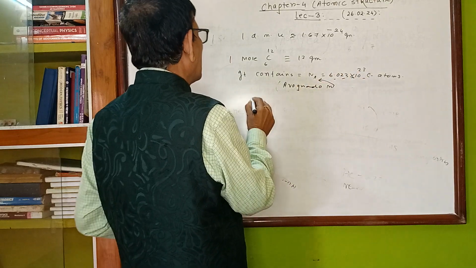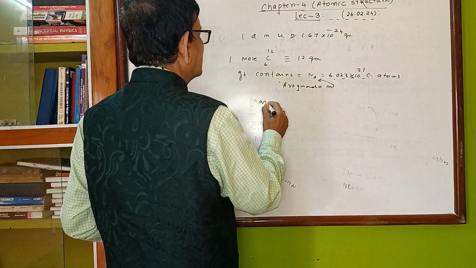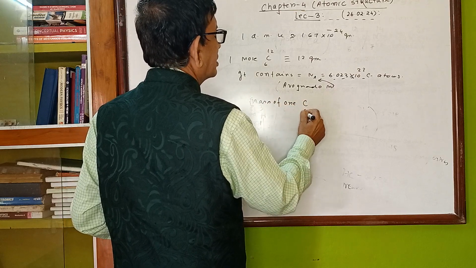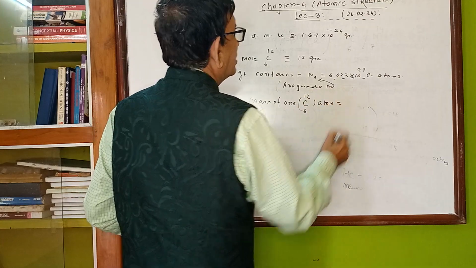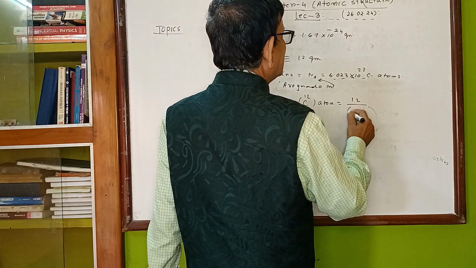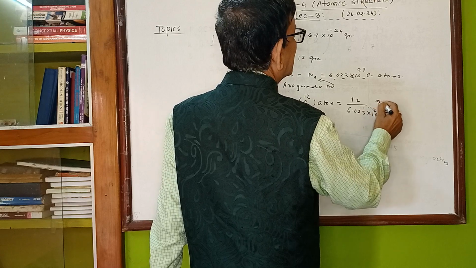Clear? So I should say the mass of one carbon atom is equal to this divided by this, 12 by 6.023 into 10 to the power 23. Clear?